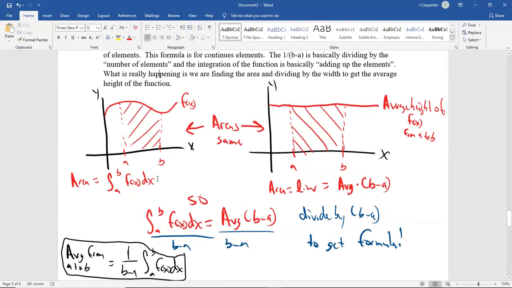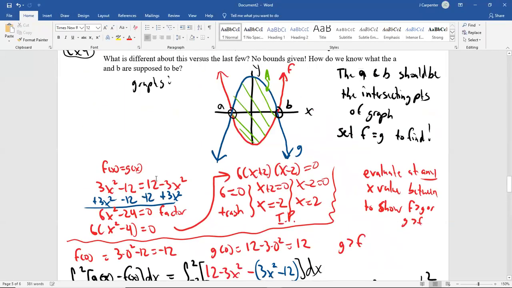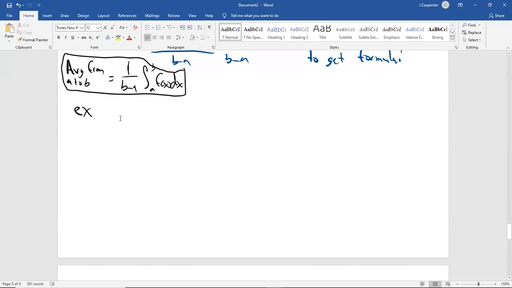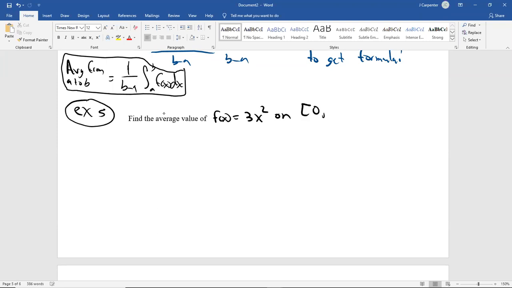Leading us to our example, which we are up to, I think, 5? Yes, 5. Let us find the average value of f of x equals 3x squared. We'll go with a simple function on the window 0 to 4.